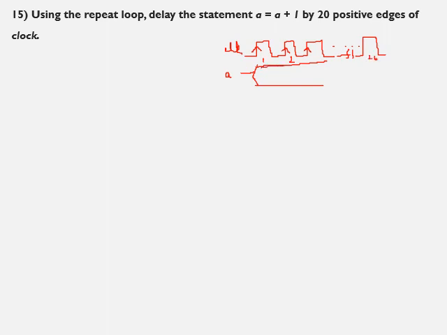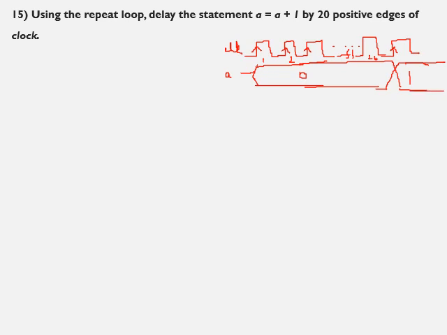Okay, it has to remain at 0 for 20 clock pulses, and only after 20 clock pulses it has to increment. That is, suppose the next clock pulse, 21st clock pulse is this one. So only after 20 clock pulses, for the next positive edge of the clock it has to increment by 1. So like this it has to go again for 20 clock pulses and then become 2 and so on.